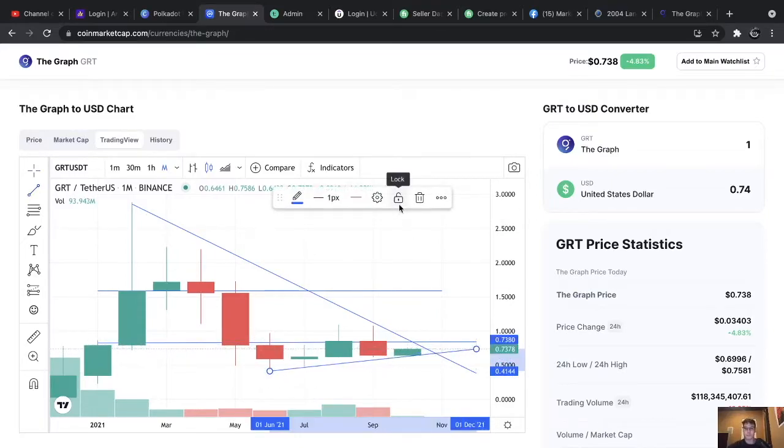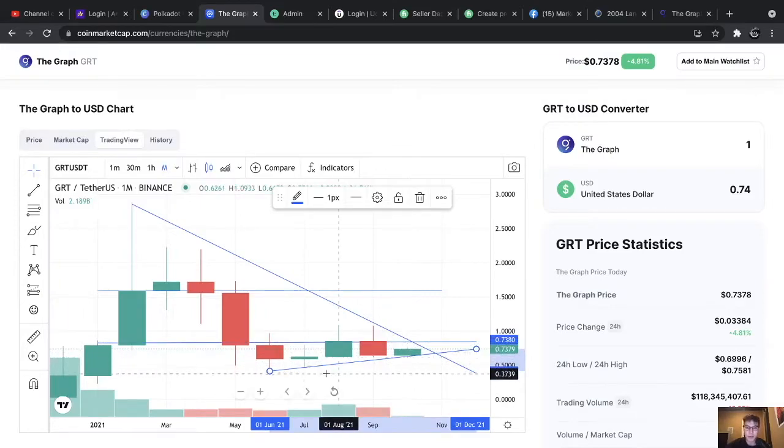Okay, so we can see right now the price is at 73, and it's almost right to the edge of what I like calling the crossways. So basically what this means is right now it is currently more in a downward pattern, or bearish, because right here you have the resistance at 83 cents.